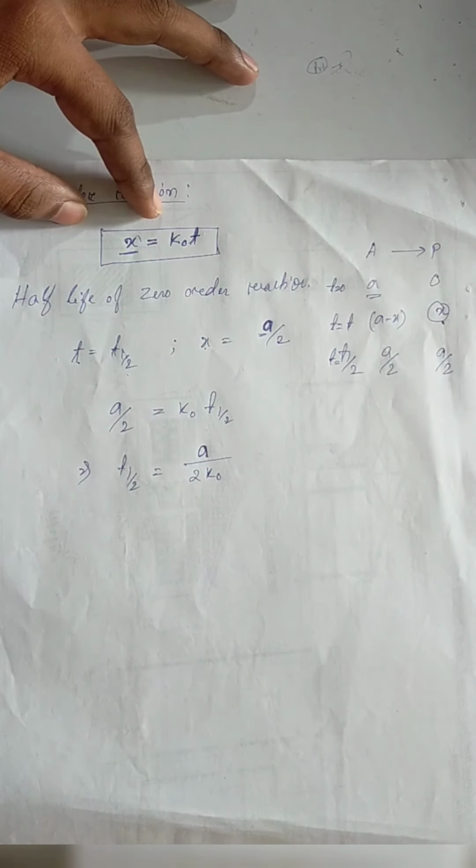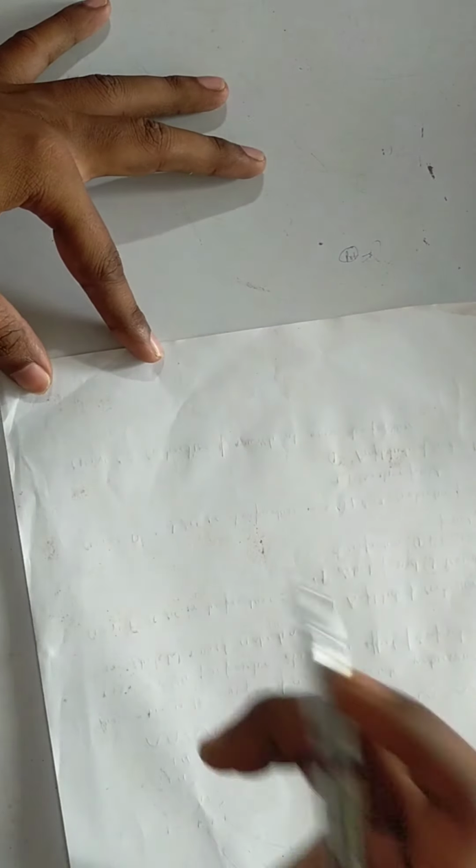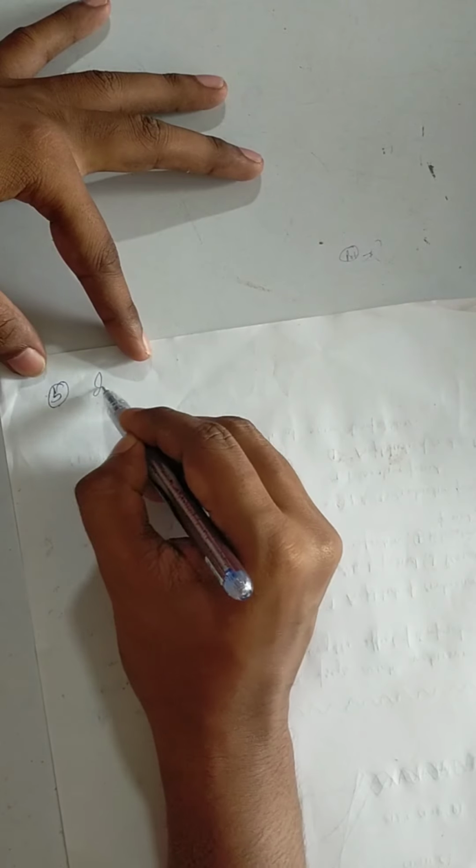Again, if we plot Ct, that means the concentration versus time, in case of product, what will be the graph?